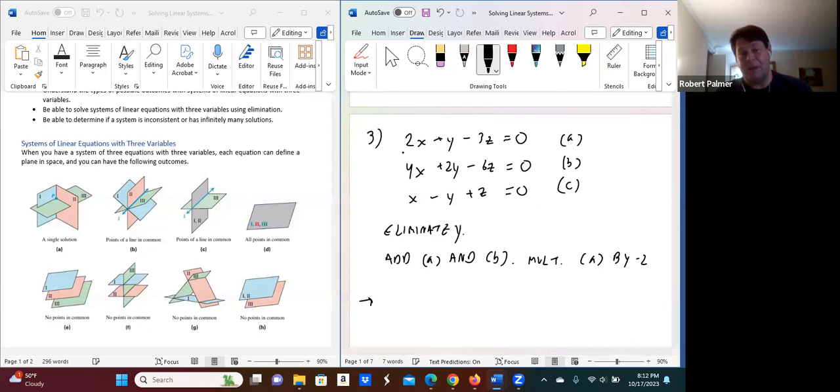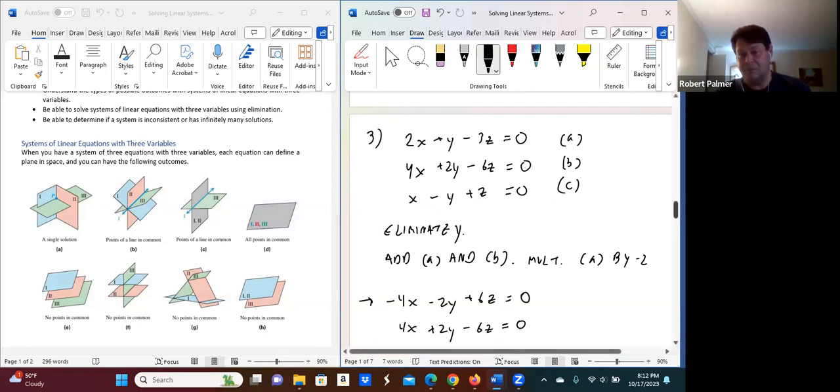Multiplying by -2, that's going to be -4x minus 2y plus 6z is equal to, of course, -2 times 0, which is 0. Equation B is still the same: 4x plus 2y minus 6z is equal to 0.